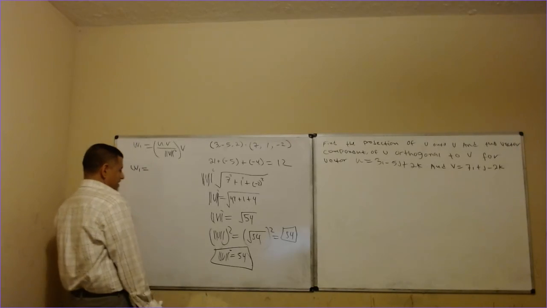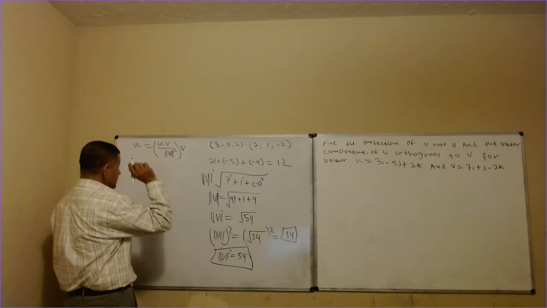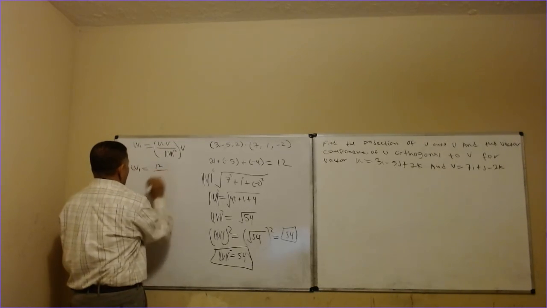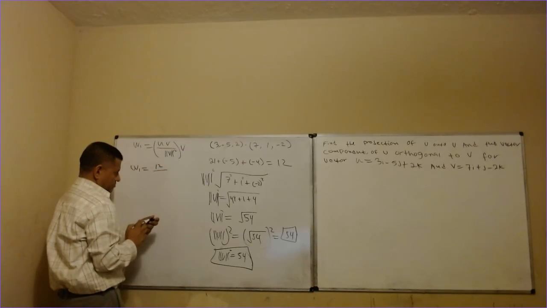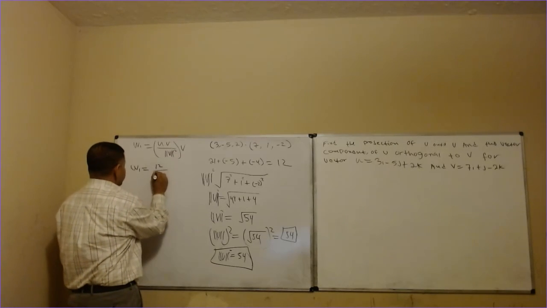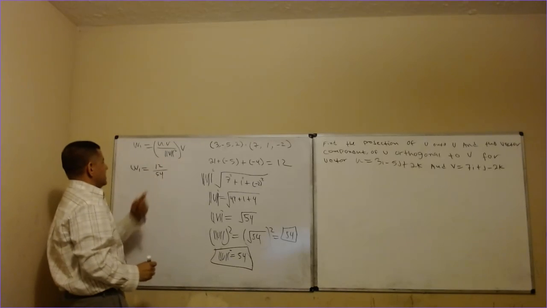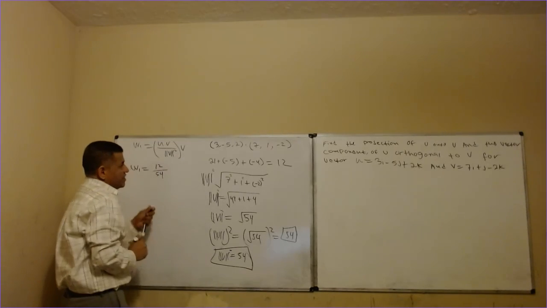So what do I get? I get the following: 12 over 54, which I found, times the vector v. What is vector v?